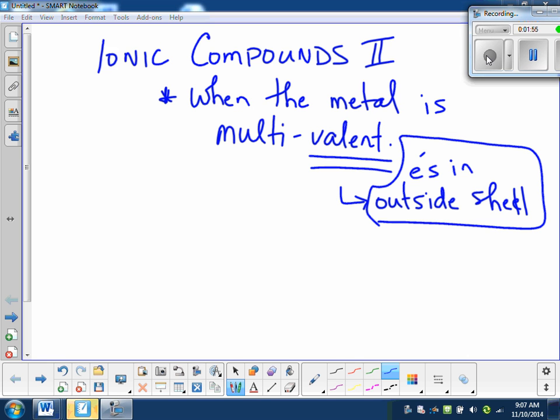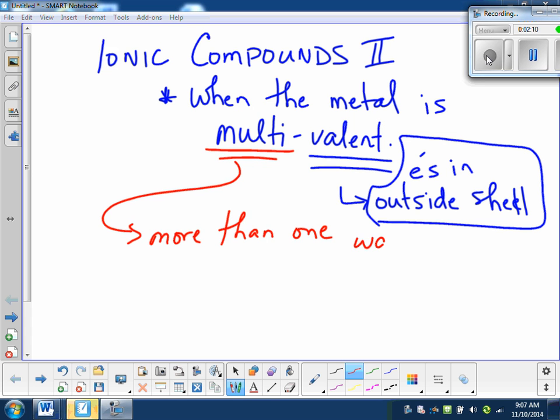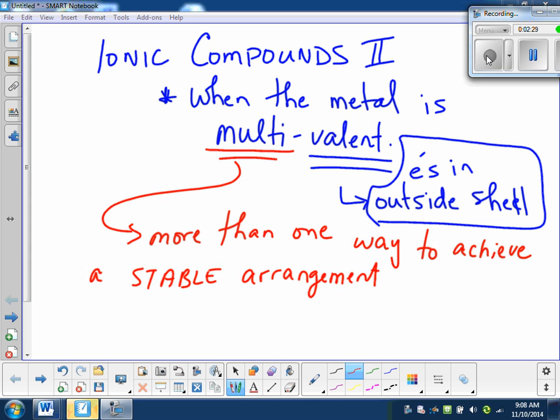So if it's multivalent, it means that it has more than one possibility, more than one way to achieve a stable arrangement of electrons in the valence shell.